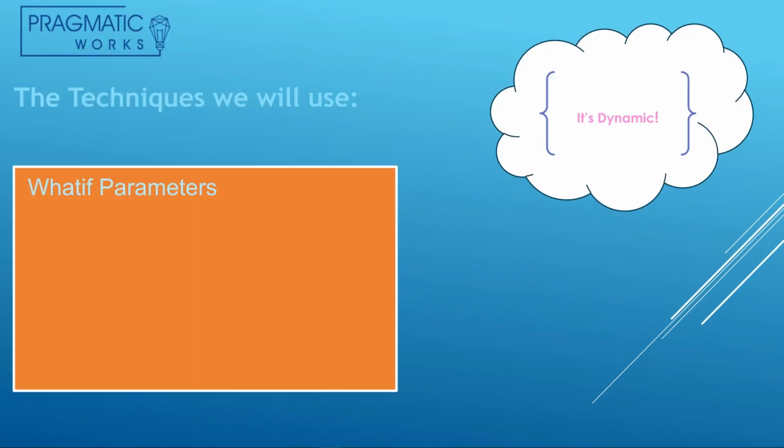So the techniques we're going to use today are going to be Whatif parameters, slicer tables, measures utilizing switch, which, for you newer people, is something we'll show as we go along, and data that's been unpivoted so that we can look at it in an entirely different way.